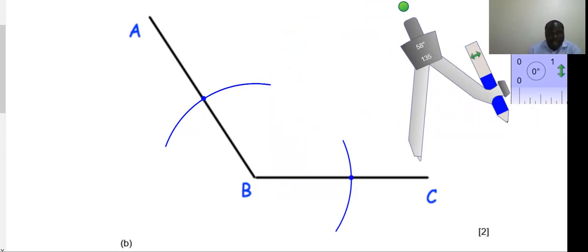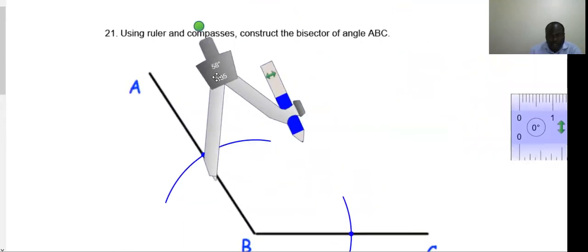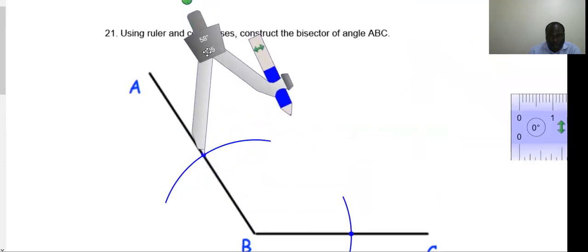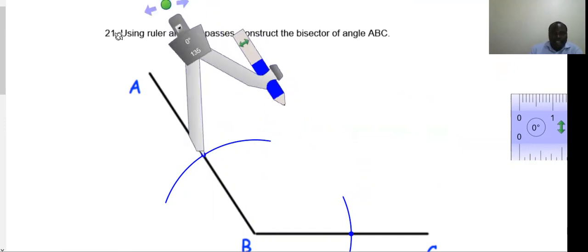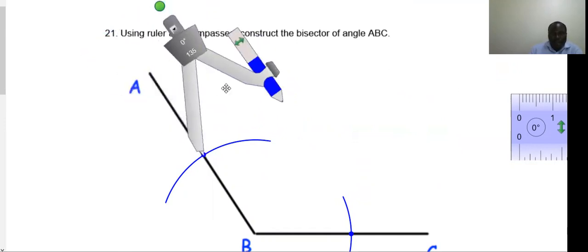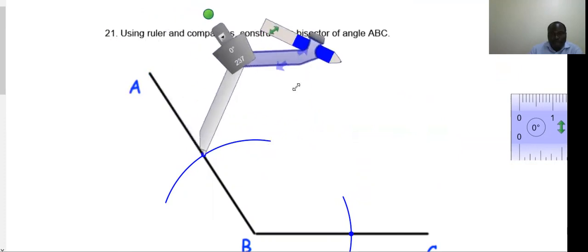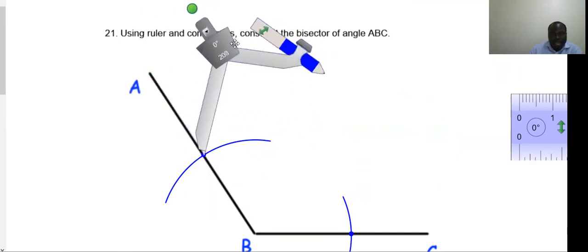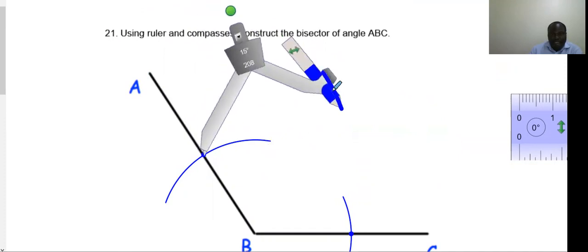Next, bring back the pair of compasses and stand at that point, and then adjust your compasses so that you can make another arc somewhere here.